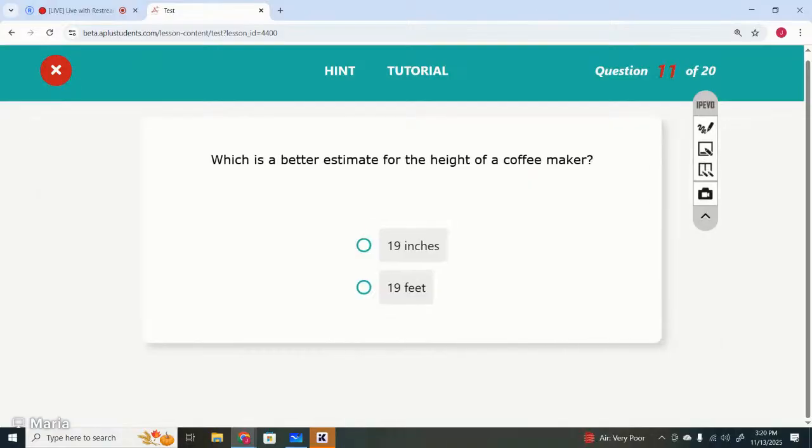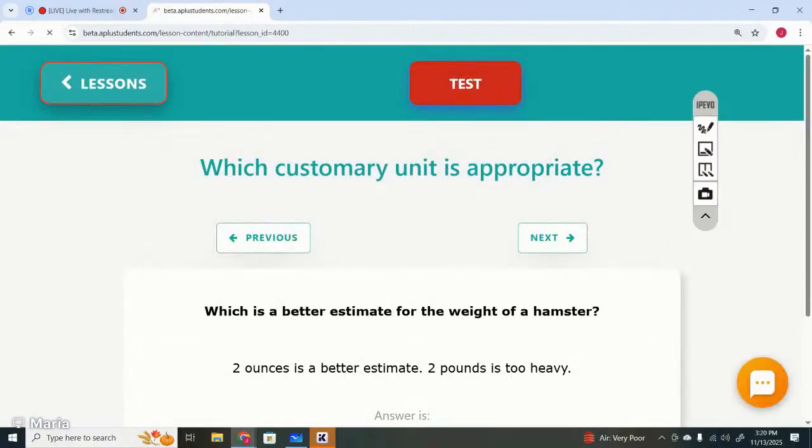Option number 1 is the correct option. Okay, you can complete the lesson by yourself later today. So let me just move on to the next lesson.